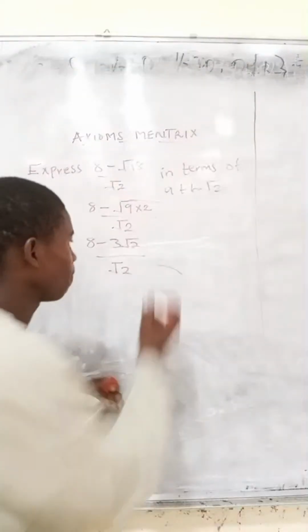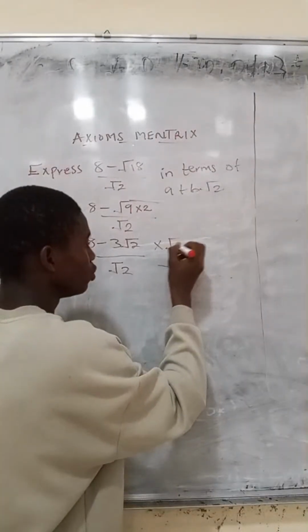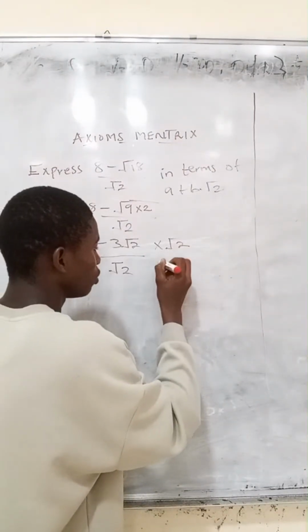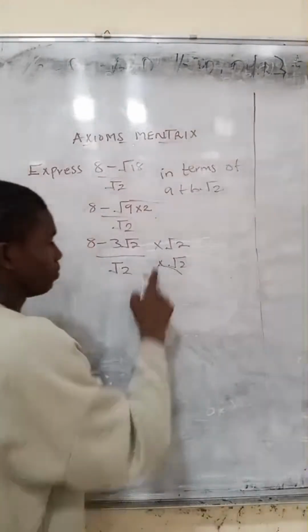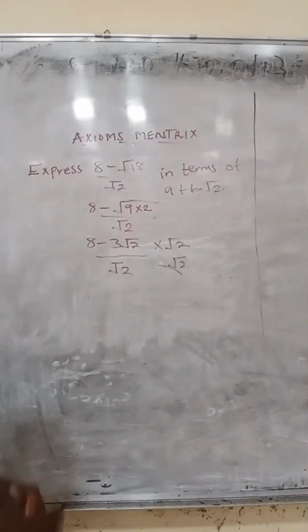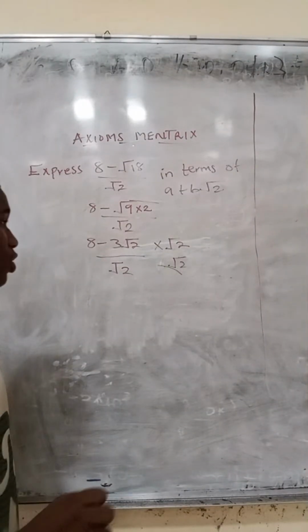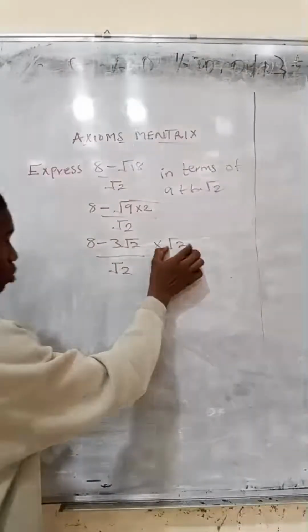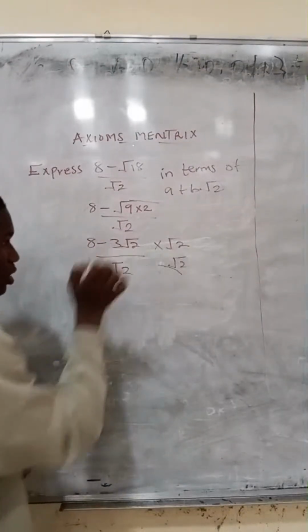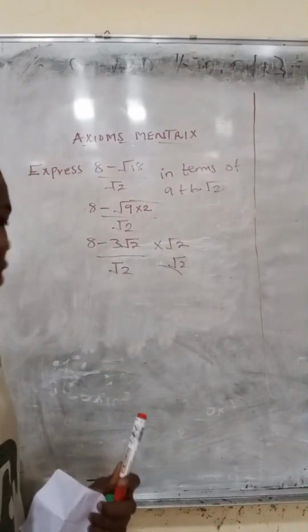So now, let's go. So from this place, I'm going to be using root of 2 and root of 2. Now, what we are going to be getting from this point is that we are going to be using this to multiply this and this to multiply this. So I will take another trick in surds.